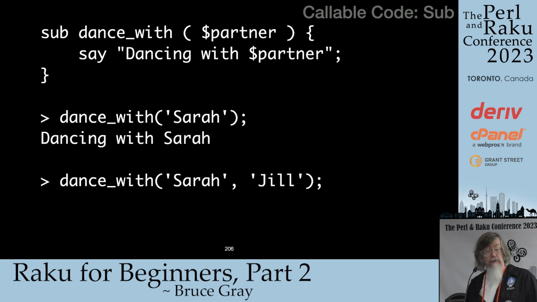I want it to throw an error. In Perl, if you're using the @_ method and you don't specifically check for how many things were in @_, this is a common bug: you want one parameter and somebody passes you 14 parameters and it's silent. It just throws away the other 13. You never know anything went wrong.